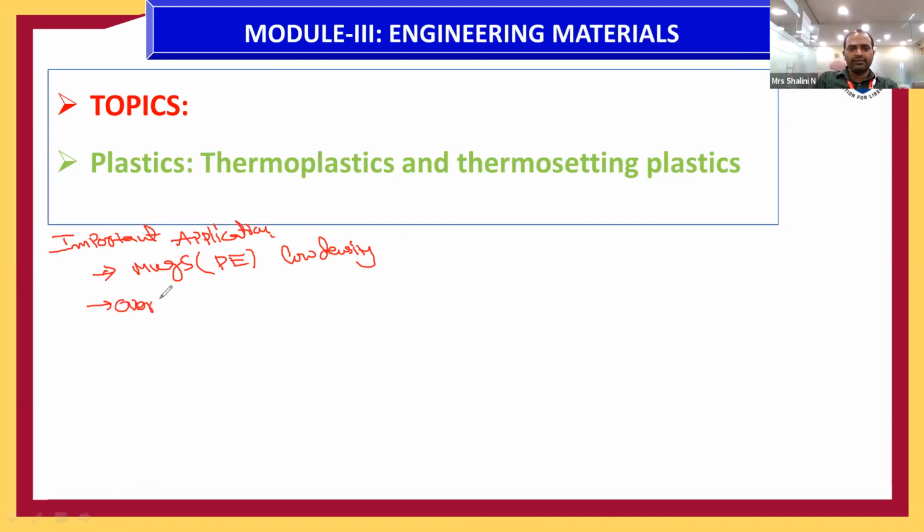Overhead water tanks are also prepared from polyethylene, but high density polyethylene. The next one is the pencil box, prepared from polypropylene.